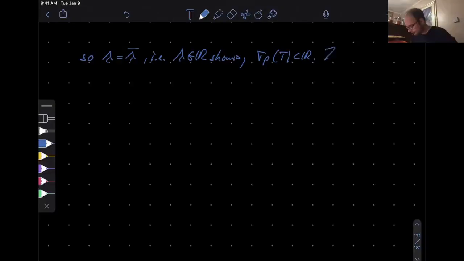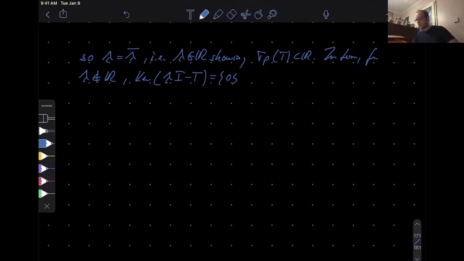So what next? For lambda non-real, this means that lambda I minus T is always injective, because all the eigenvalues are real. So if lambda is a non-real scalar, then the kernel has to be trivial, and so the range of lambda I minus T is dense in H by the projection lemma.